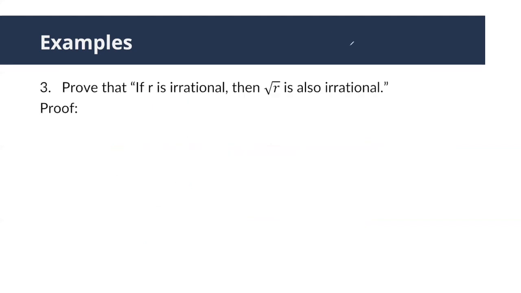Third example. If r is irrational, then the square root of r is also irrational. For this one, if you want to prove it using direct proof, then we don't know how to represent an irrational number. Therefore, we use proof by contraposition. So this contrapositive is if the square root of r is rational, then r is rational.